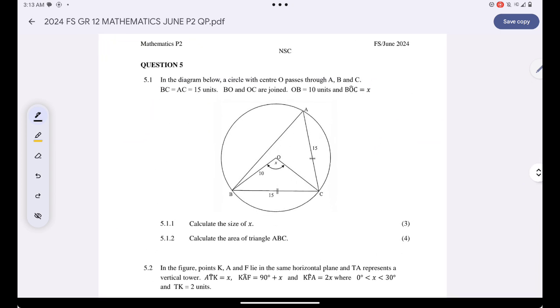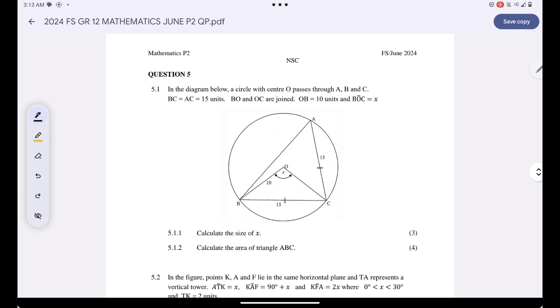Now we are doing question 5. In the diagram below, a circle with center O passes through A, B, and C. BC is equal to AC, and both of them are 15 units.